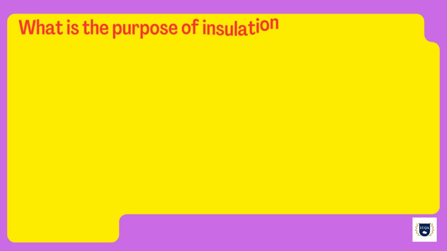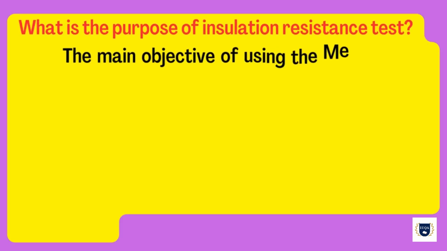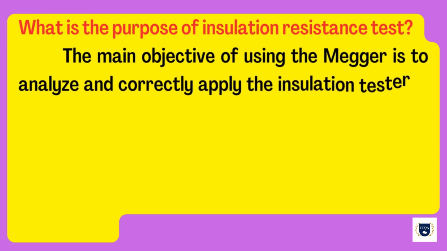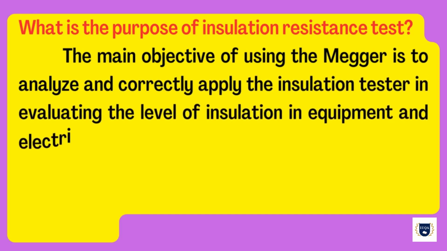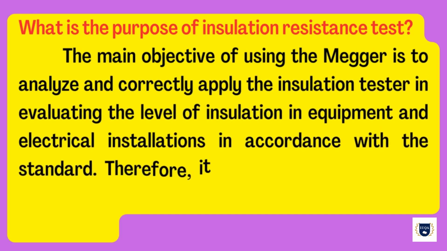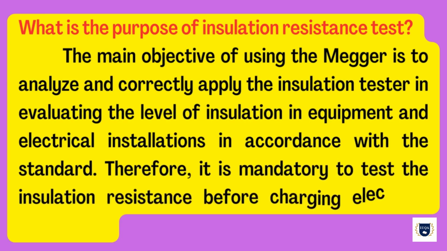What is the purpose of insulation resistance test? The main objective of using the Megger is to analyze and correctly apply the insulation tester in evaluating the level of insulation in equipment and electrical installations in accordance with the standard. Therefore, it is mandatory to test the insulation resistance before charging electrical equipment.